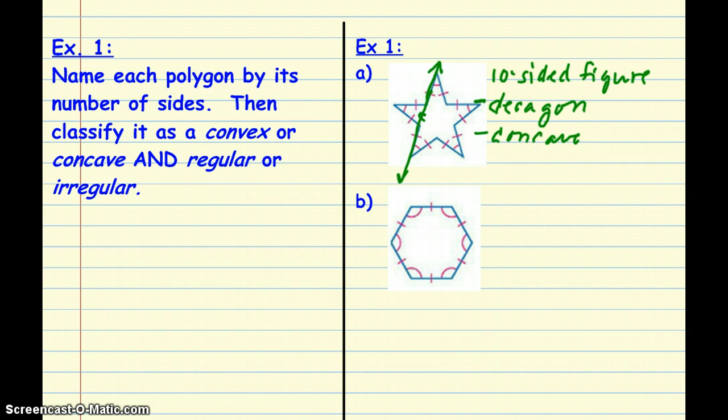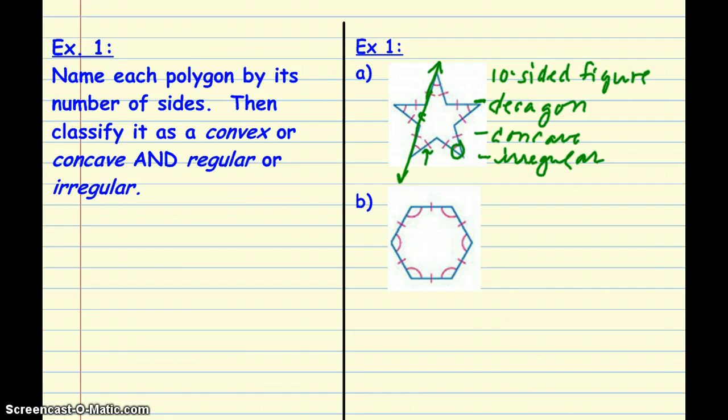Not really sure why that happened. All right, so we call that concave. And then the last one is regular or irregular. Now, even though this is showing us that the angles are the same and all the sides are the same, this is irregular because it's a concave polygon, so irregular. Ooh, this is bad handwriting today, sorry. The one above it says concave.